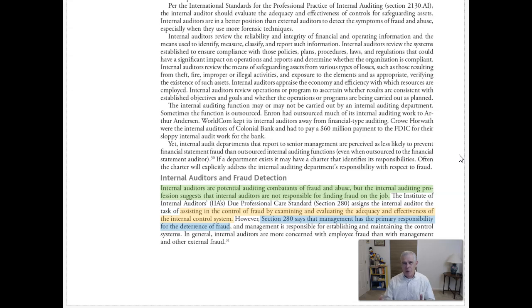So the CPA profession, the independent CPAs from the CPA firms, come in and say, we're not responsible for finding fraud. We're just responsible for expressing an opinion on whether the statements are presented fairly on a material basis. Within the company, the internal auditors are saying, well, we're not responsible either. I find this kind of hard to believe, but that's what they're saying. And so I thought this was very unusual. So you read through this a little bit further yourself.